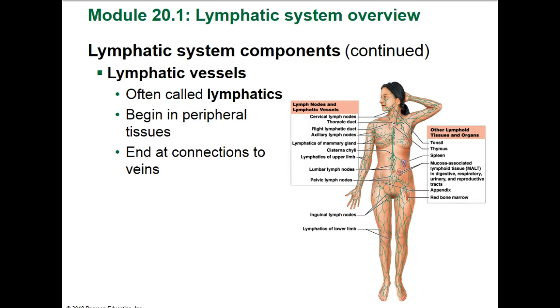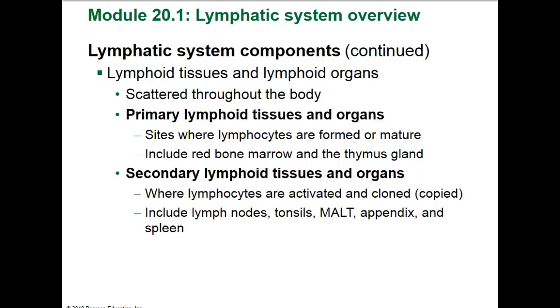And this diagram on the right of this picture shows you some of the distribution of those vessels. And wherever those vessels come together, and you see a point there, that's a lymph node. So these are scattered throughout the body.